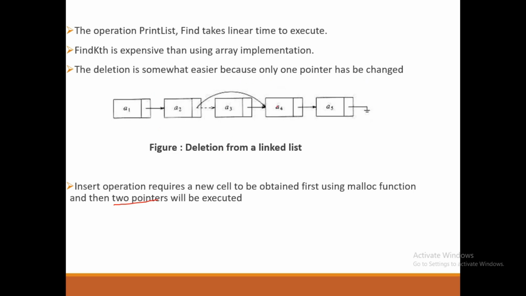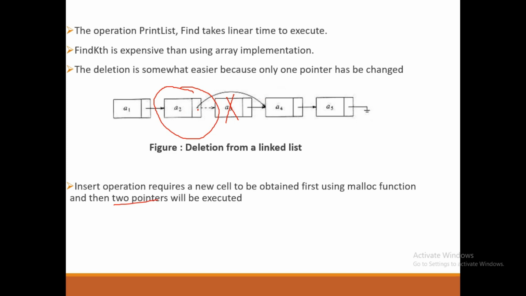Look at this diagram. In this diagram we want to delete the element A3. Once we delete A3, the next element of A2 will be A4. This node contains the address of A3. If you delete A3, the successor of A2 will be A4.